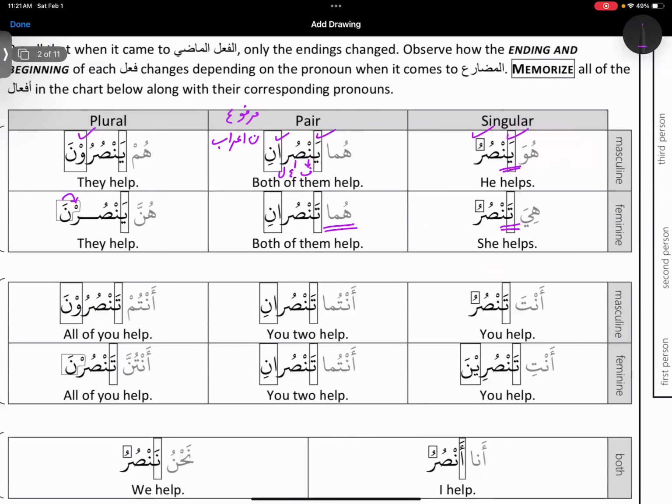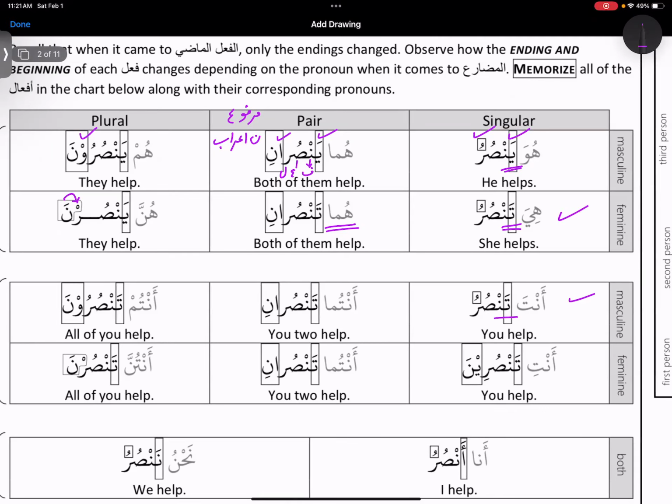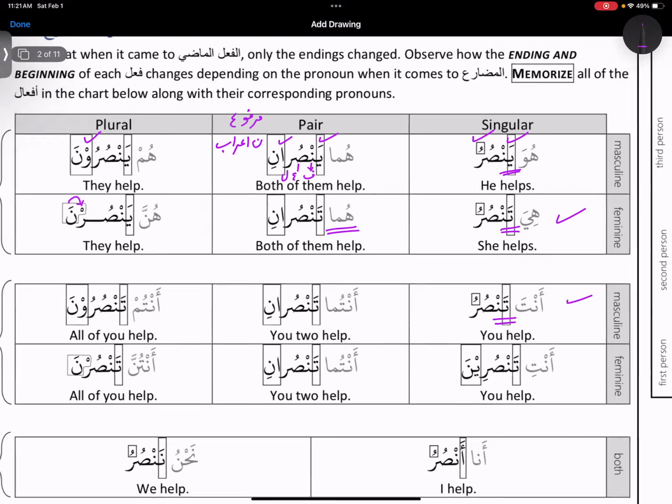Then comes anta. So now anta tansuru, which is overlapping here. Whenever you see ta beginning, you should know that it is either hiya or anta, and context can help you out. So anta is tansuru, antuma is tansurani, and antum is tansuruna.